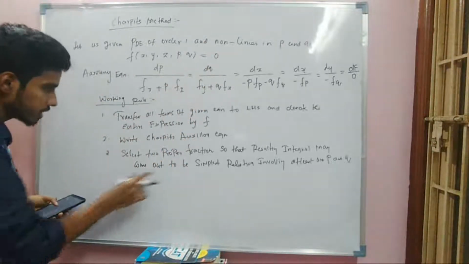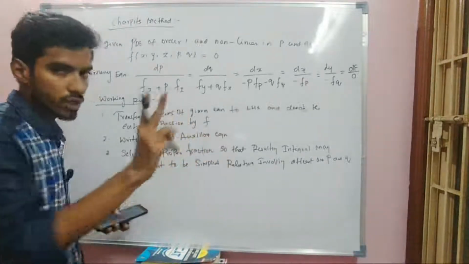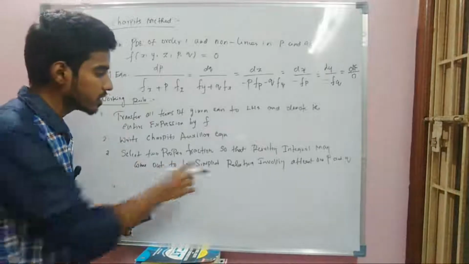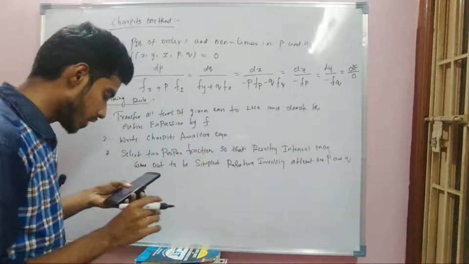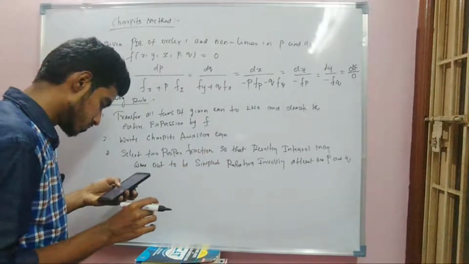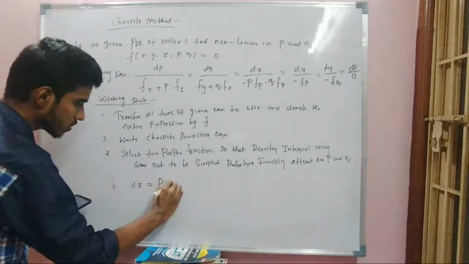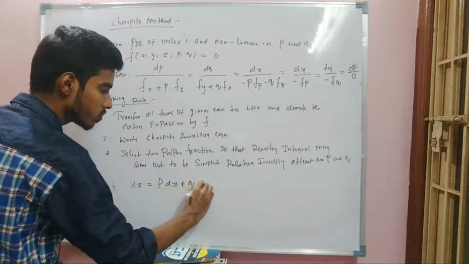Step 4. Here you have two equations containing p and q. Now you have to solve for p and q, right? After finding p and q, you need to find dz is equal to p dx plus q dy, right?